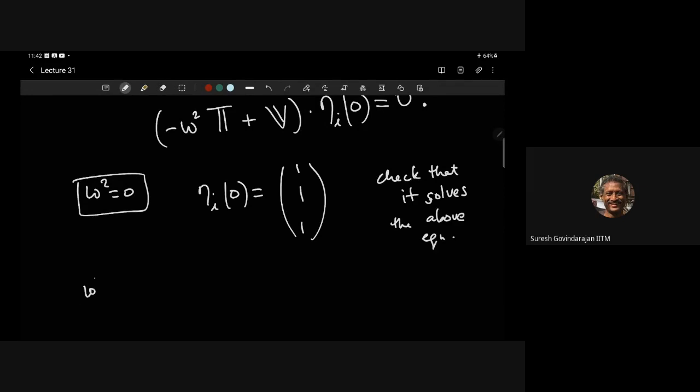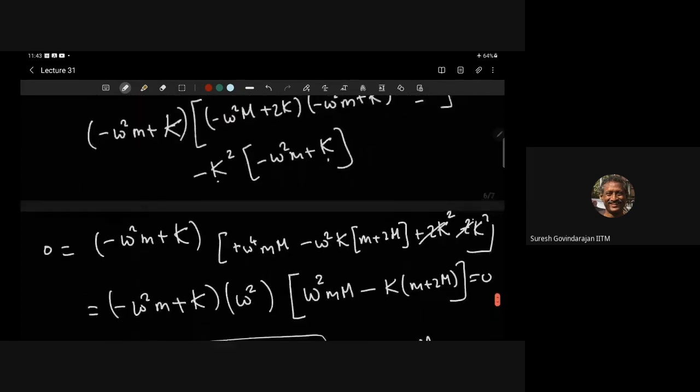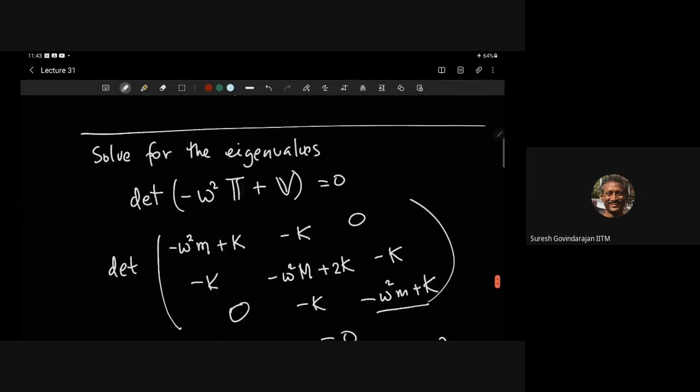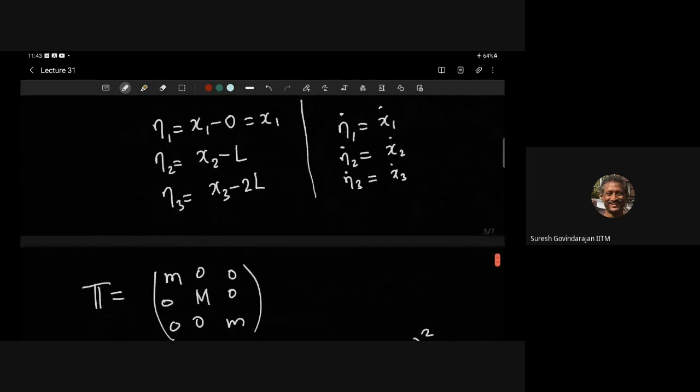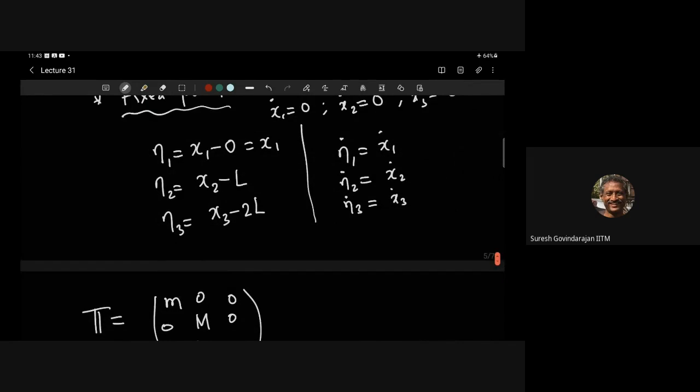Next one to consider is omega square equal to k by m, or omega equal to square root of k by m. Okay, what is the square root of k by m? So let's again come back and ask, we know something about this problem. If you give me a spring with spring constant k, and put a mass there, and you just make the mass oscillate, what is the frequency it would have?